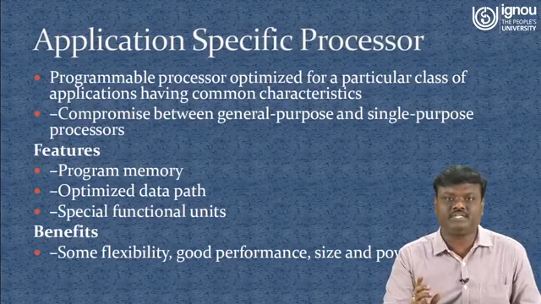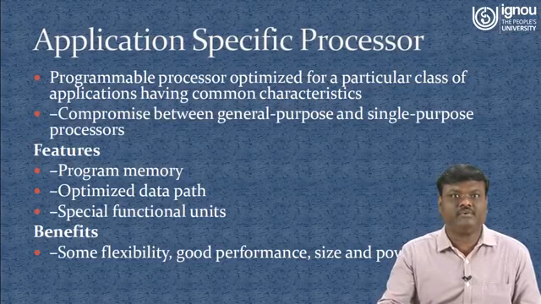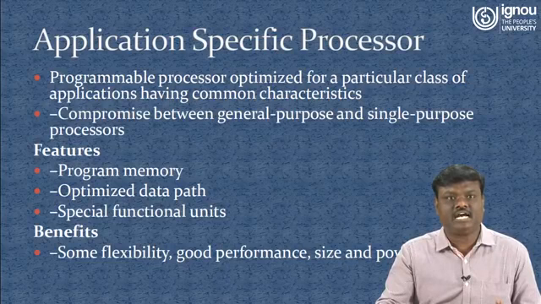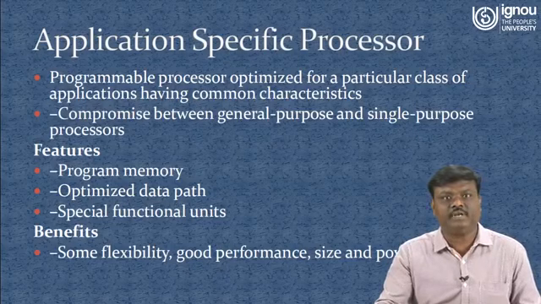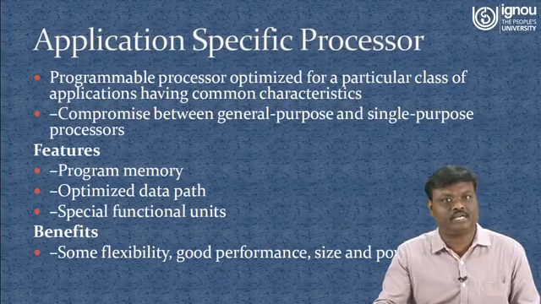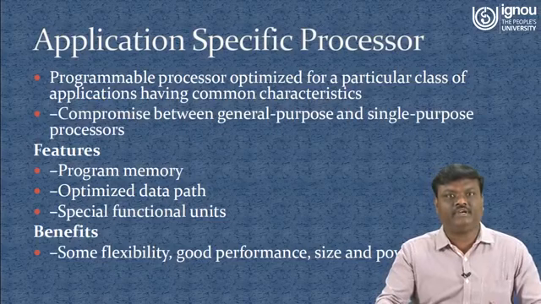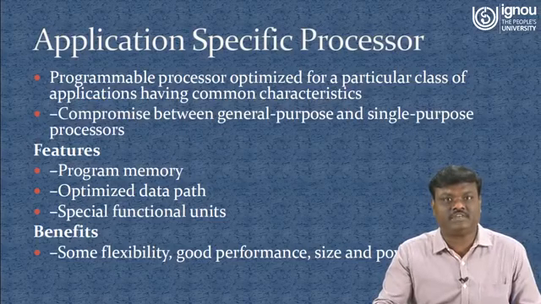So a particular specific application it will be dealing with. It is a compromise between general purpose and single purpose processors, and features are the program memory, optimized data path, and special functional units. And the benefits are some limited flexibility, good performance, small size and lower power consumption.